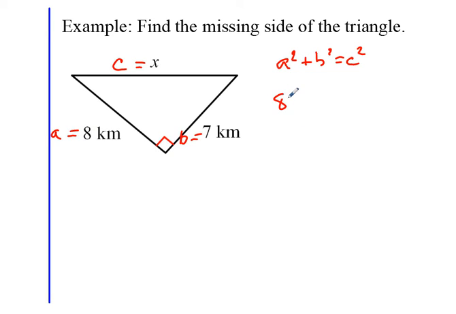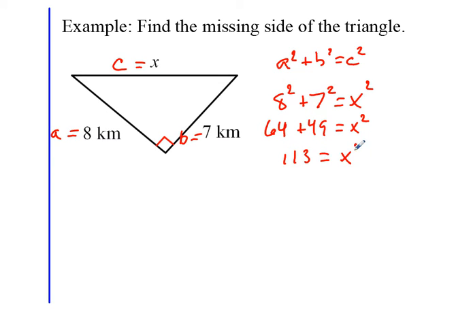So these get plugged into a squared plus b squared equals c squared. Now our problem is going to say 8 squared plus 7 squared is equal to x squared. 8 squared is 64. 7 squared is 49. Rewrite the equal sign and the x squared. 64 plus 49 equals 113. At this step, sometimes students forget what to do about this square, or they think, oh, I have my answer, it's 113.